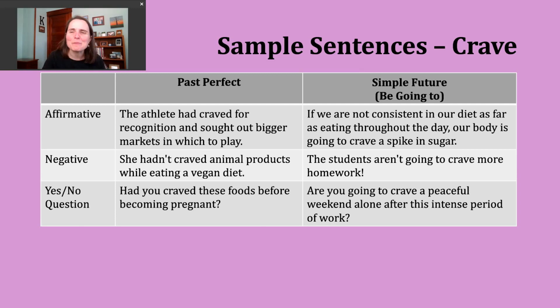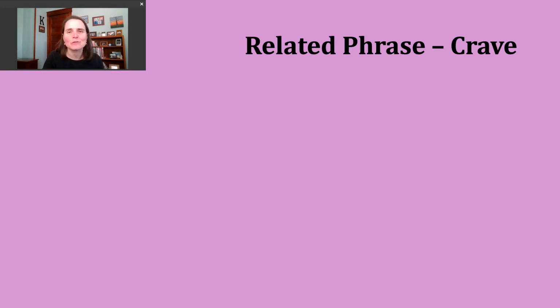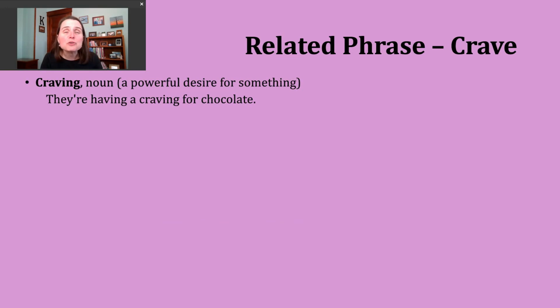Now, let's spend a moment looking at some words that are related to our verb crave. And the first word we're going to look at is the noun form here. We're going to look at craving. We talked about this earlier being the progressive form of the verb, and that is true, but it can also be a gerund. And gerunds act like nouns in sentences. So this gerund can describe a powerful desire for something.